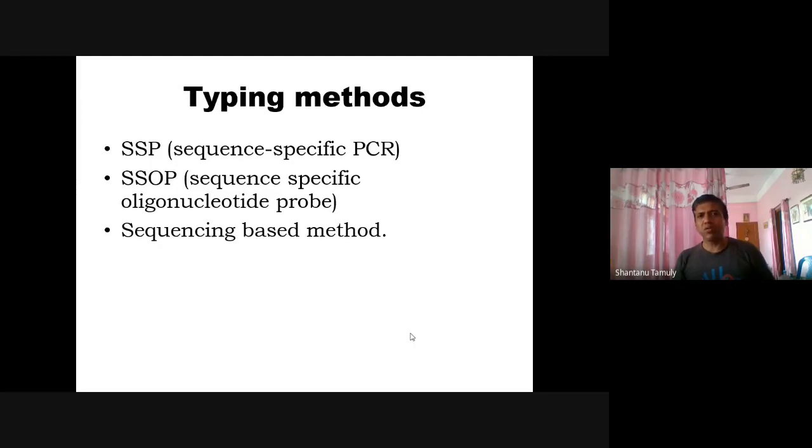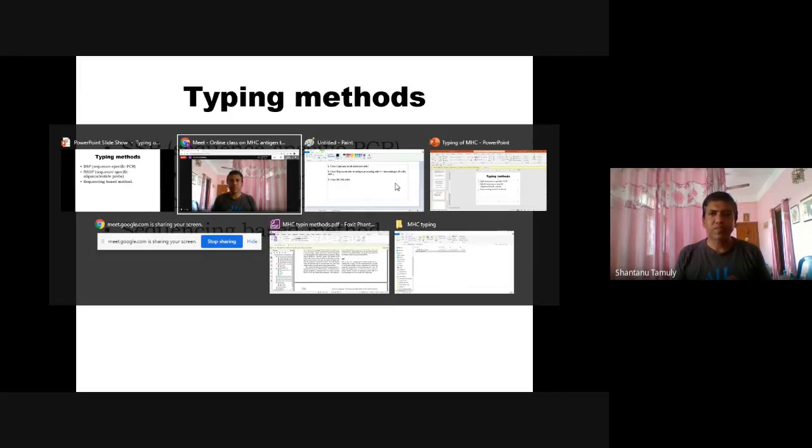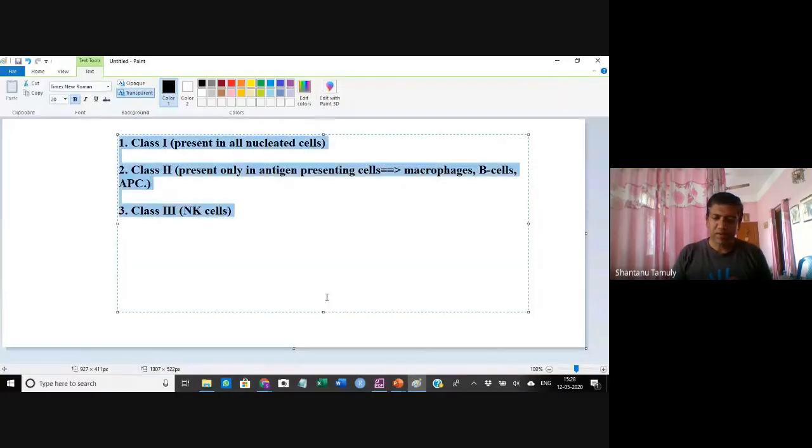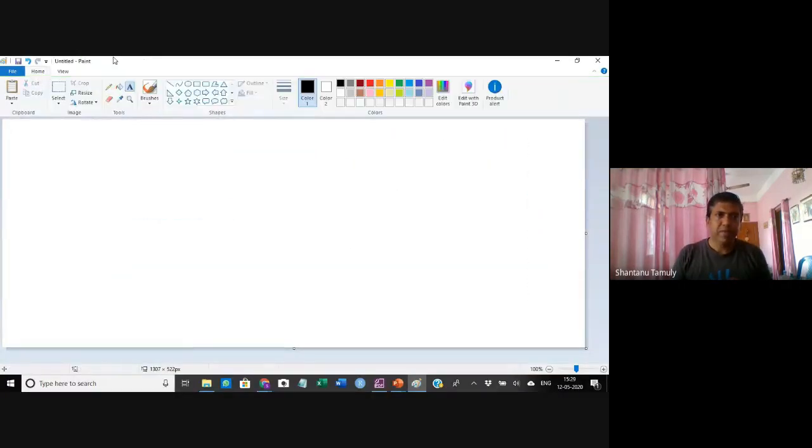Now there are three typing methods. The first is the sequence specific PCR. In the sequence specific PCR, what is done?